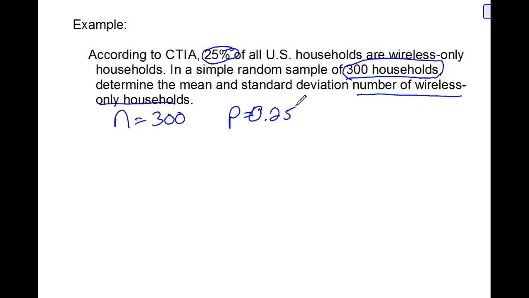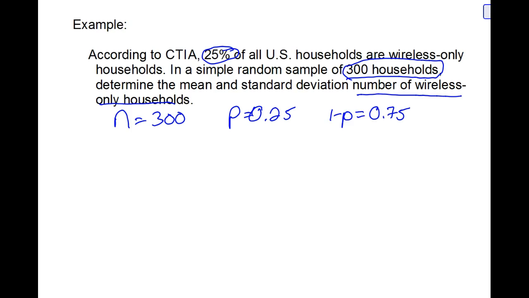Now the probability of a failure, which is 1 minus p, is going to be the opposite of that. If 25% are wireless-only, what's the percentage of not being wireless-only? That would be 0.75, so 75% are not wireless-only households.